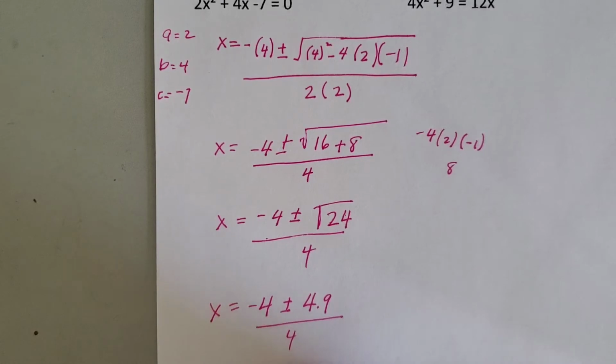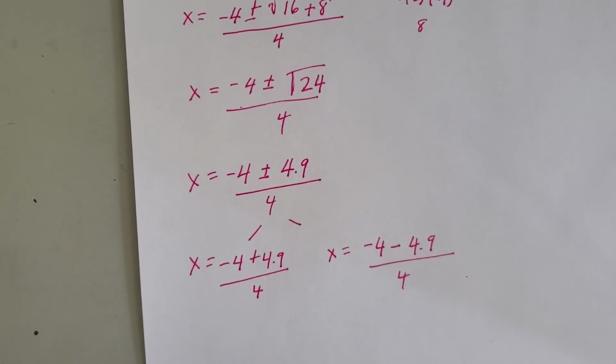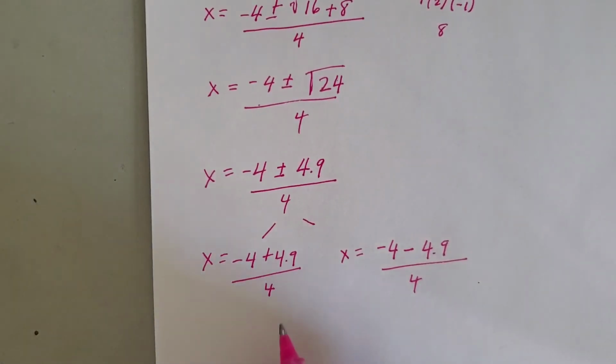And at this point, now that we've simplified the radical, we're going to set up two problems. -4 plus 4.9 divided by 4, and -4 minus 4.9 divided by 4. Okay, and then let's simplify these.